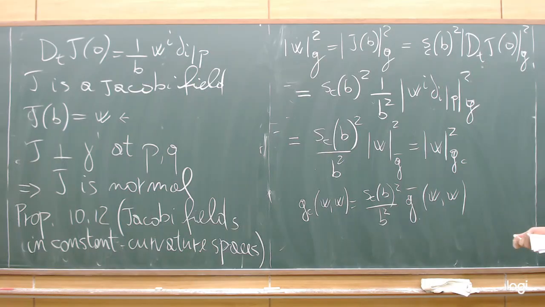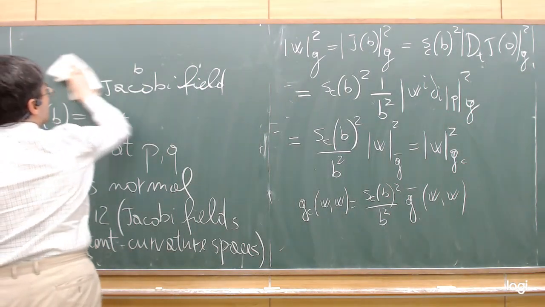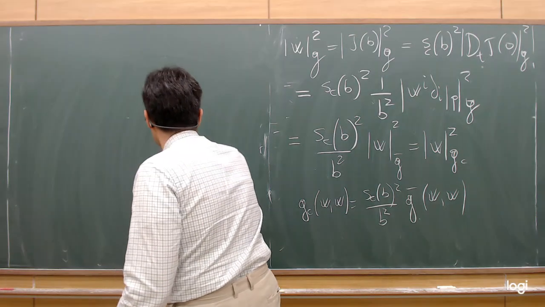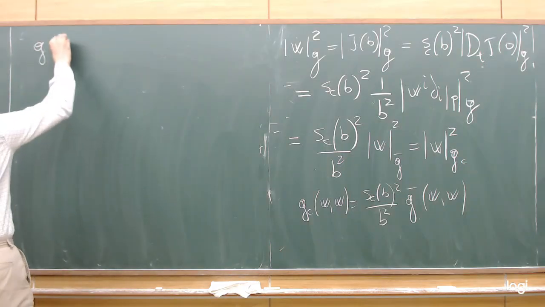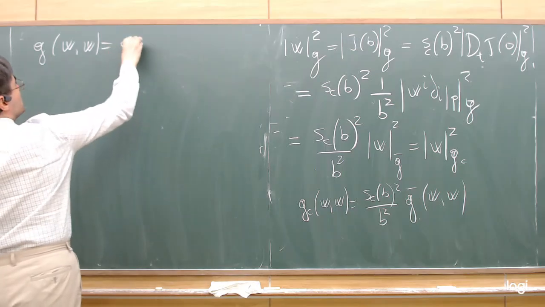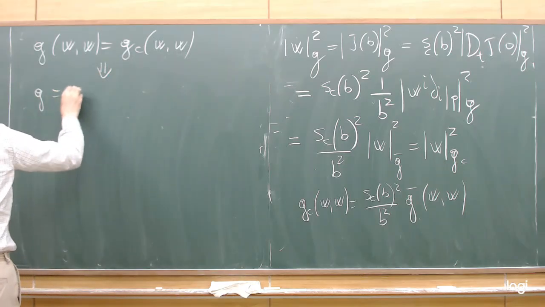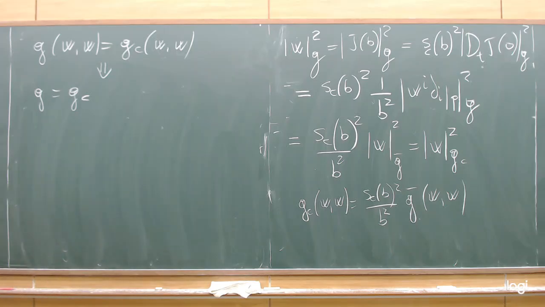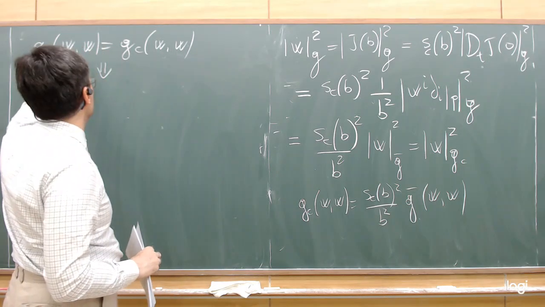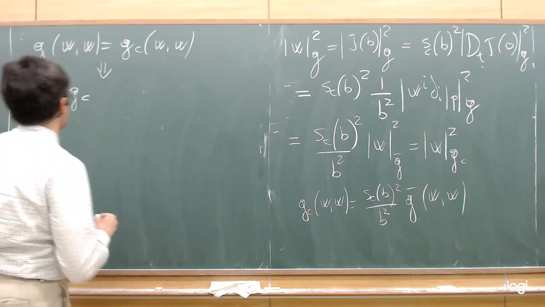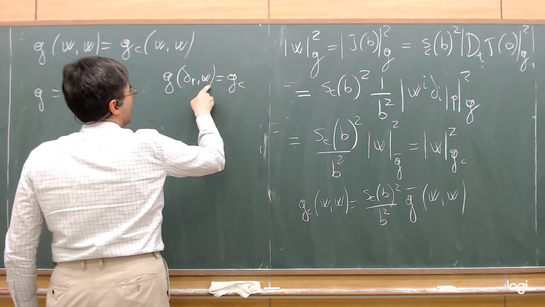And this is the end of the proof, because we proved that g(W, W) is g_c(W, W), which implies g equal g_c, because we proved this formula for tangent vectors and for pairs of vectors of this form.